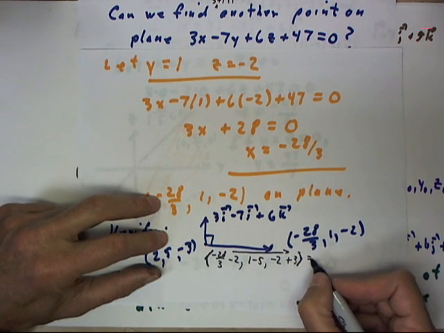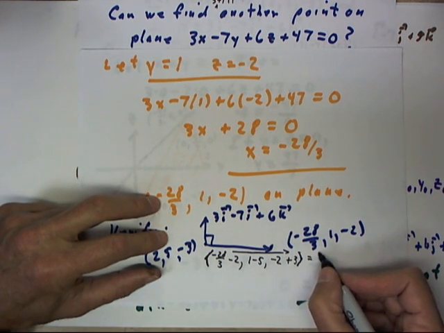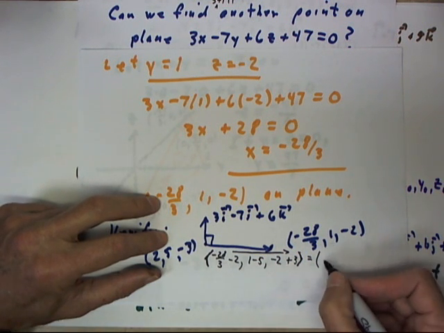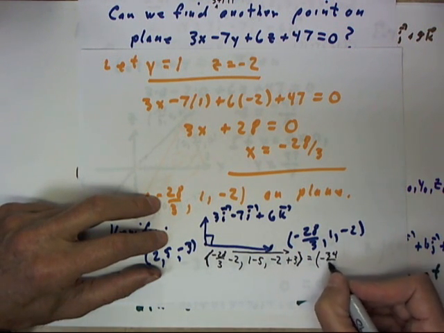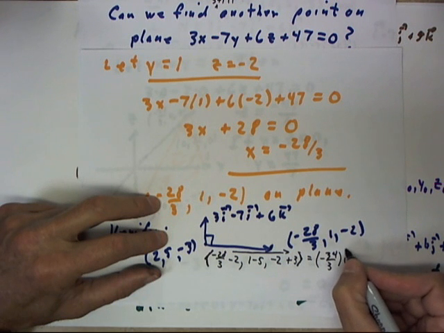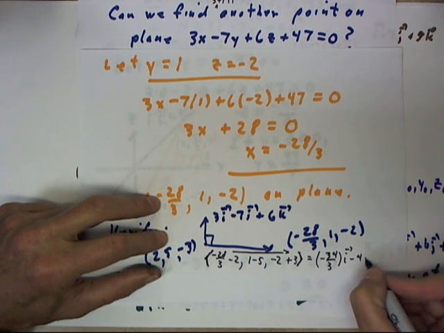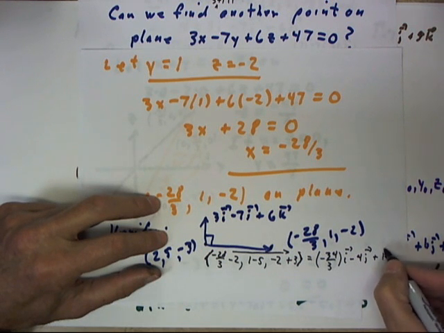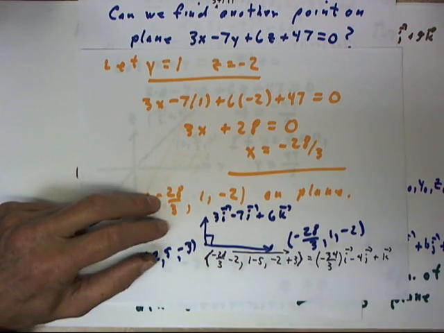And this vector is going to then be -2 is -6 thirds, so that's going to be -34 over 3 i minus 4j plus 1k when we add up these numbers.